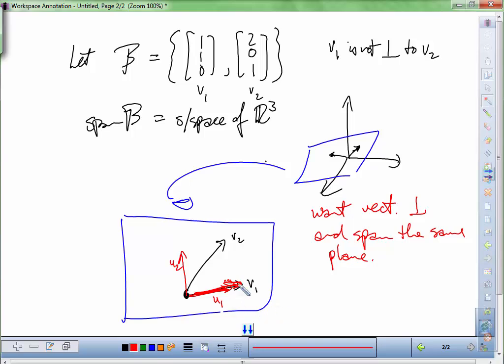I want to find u1 and u2. What's the easy first step? I have v1 and v2. What can I say about u1? It's just equal to v1. So let's start with that. That's always a good place to start, letting one of your new things be the same as whatever the old thing was.